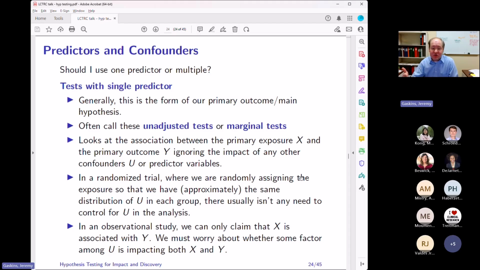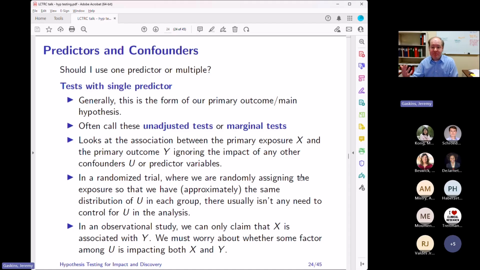And so generally, and not always, but often this is the test that we claim we're going to run for our primary outcome or our main hypothesis, right? Often we've got one main exposure and one main outcome, and we're going to run that test as our primary analysis, right?